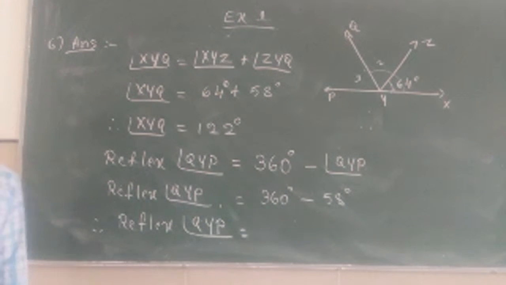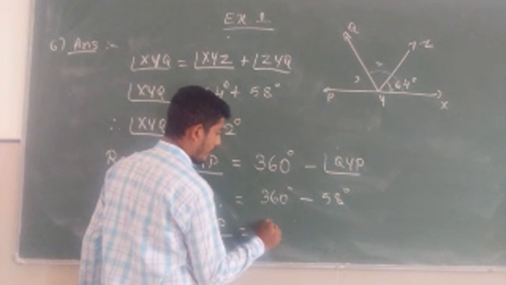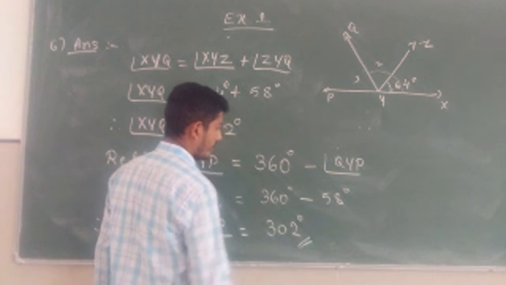Just look at the steps once again and comment with the answer. Comment me the answer with your names. That is 360 minus 58, it is 302.